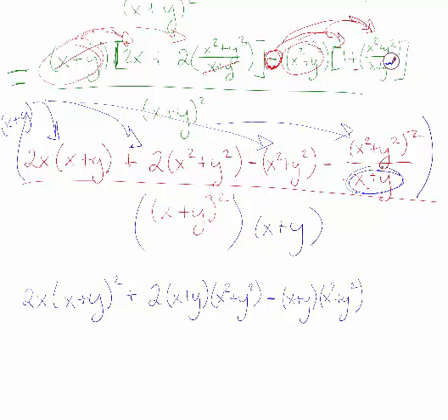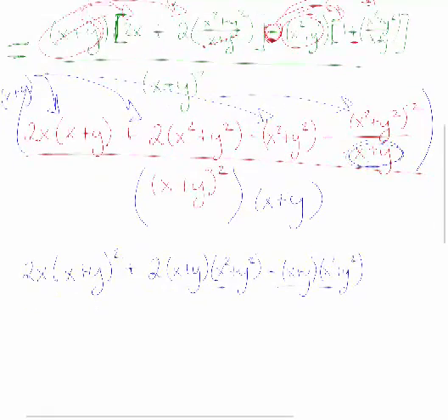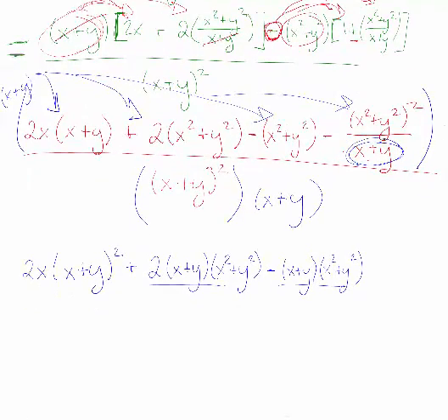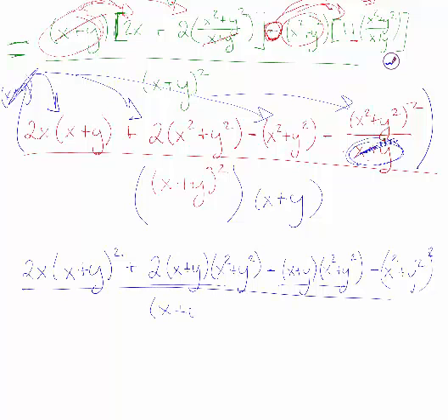Now, these are the same, so we can't end up subtracting them. And then finally, that will cancel, and we'll get minus x squared plus y squared, squared, all divided by x plus y.